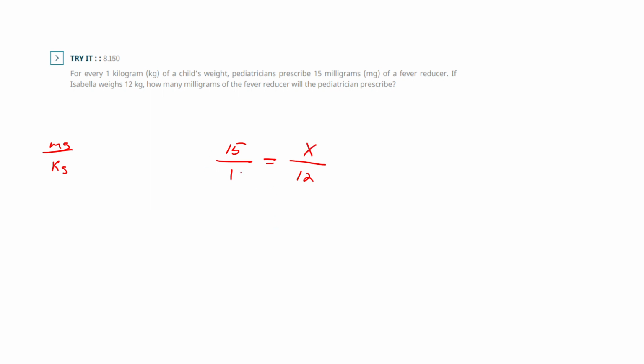So they gave me the one ratio. Now I'm going to set up the other. I'm just going to make sure I matched it. 12 was kilograms. It's going to be on the bottom. I lasso here. Okay, 180. And that was on the top, so it is 180 milligrams.